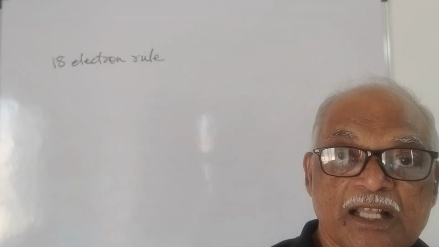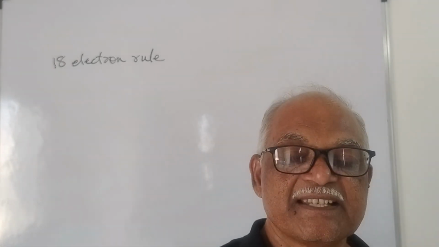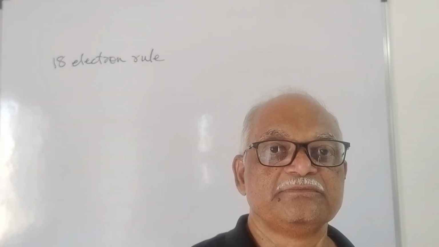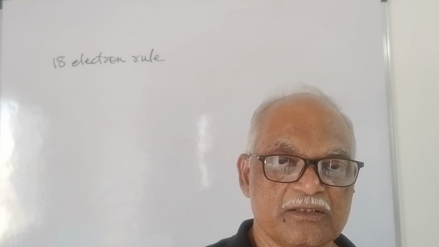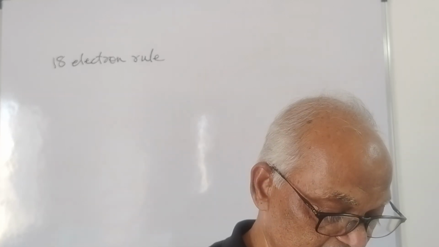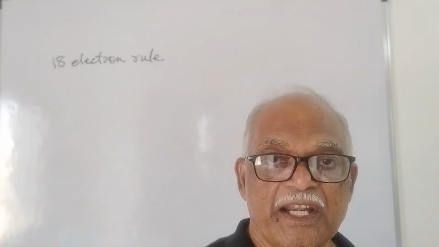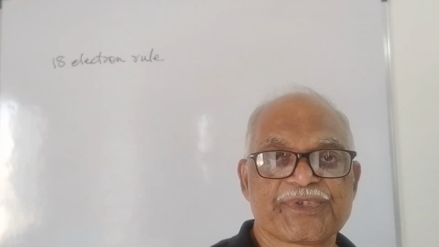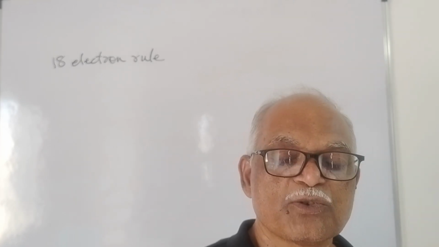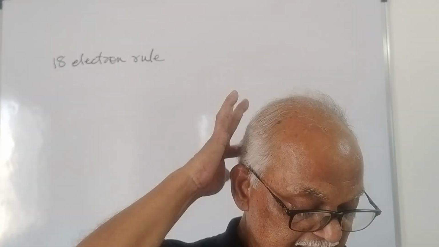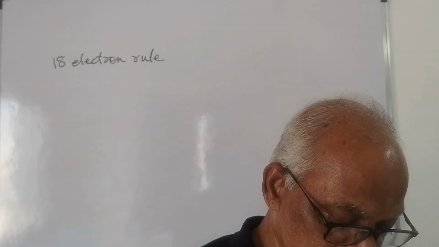This is for the organometallic complexes in which the atom of importance is a transition metal. But in the case of ordinary compounds in which the outer shell is an octet, the octet rule is very simple.